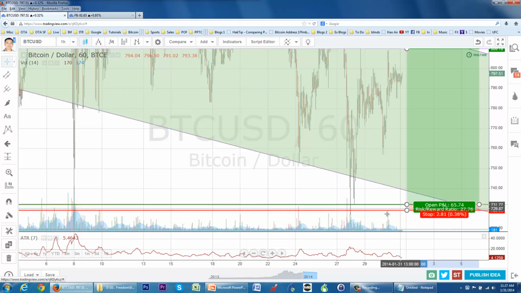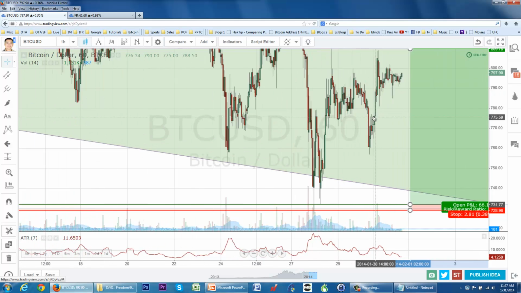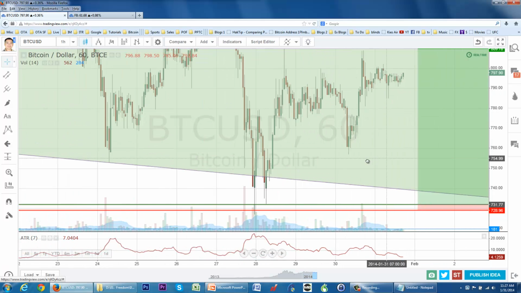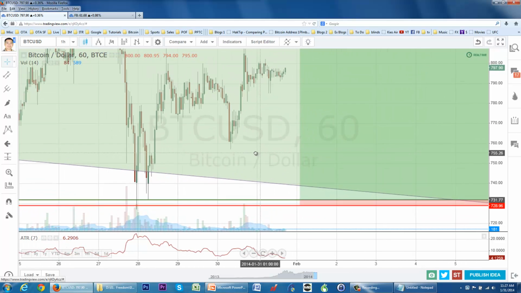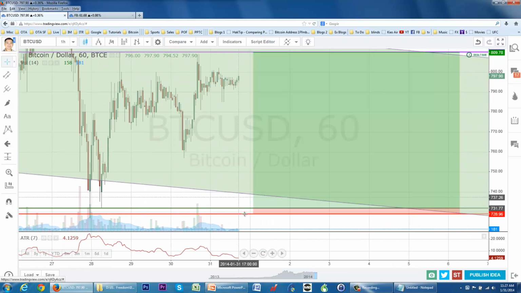So if the vibration or the frequency of Bitcoin moves $4 an hour, then there's a very high risk. See how price of Bitcoin vibrates as it goes up? There's a very high chance that the vibration will shake me out of this trade long before I even have a chance for the trade to develop and move in my favor, right?